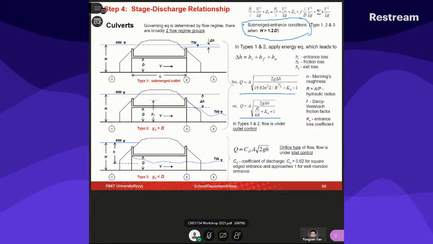If the normal depth is greater than the height of the culvert, for example the diameter if it is circular, then we can confirm that the flow is type 2.